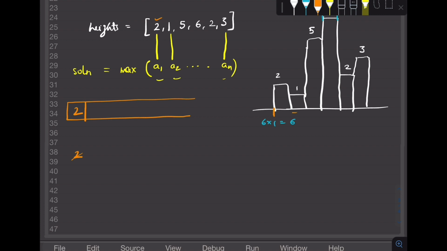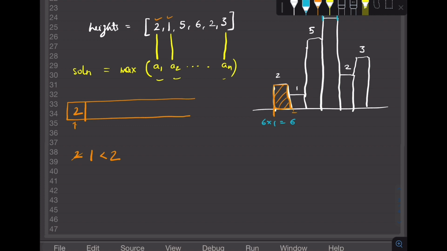Now next we go for 1. Let's write down 1 here. 1 is less than 2, the previous element. Therefore, we can confidently say that we have found the right boundary of the rectangle with height 2, which is this one, right? So what will be the area of this rectangle?